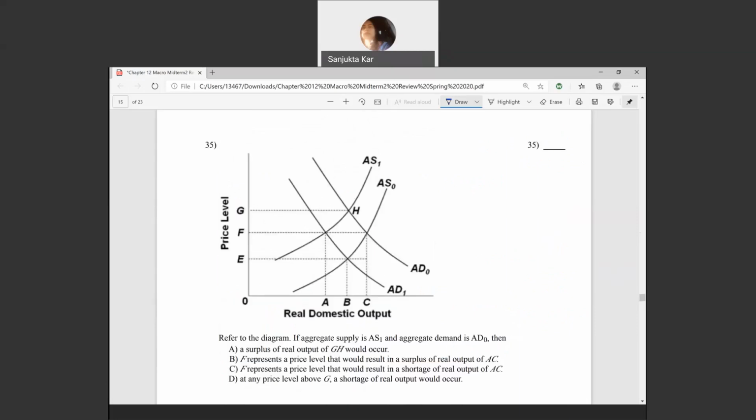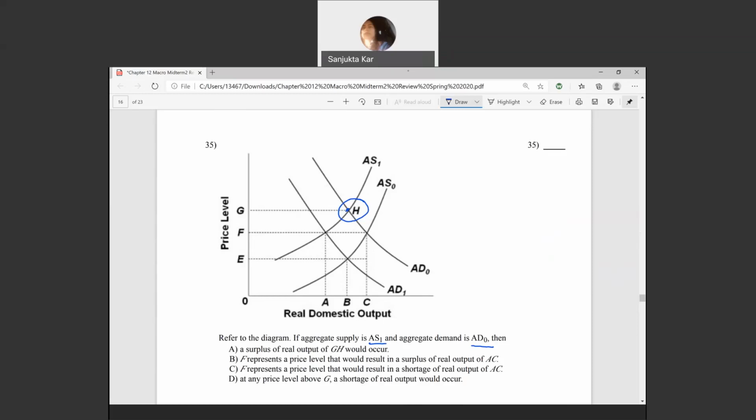All right, question number 35 here. It says the aggregate supply curve is AS1 and aggregate demand curve is AD0. That means we are at point 8 here. Okay, so refer to the graph here. So what is my answer choice here?